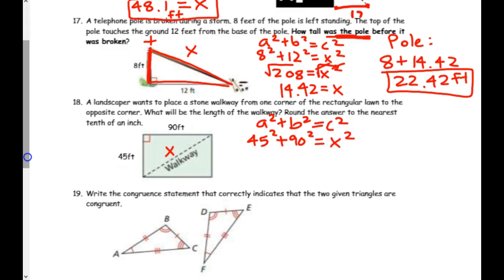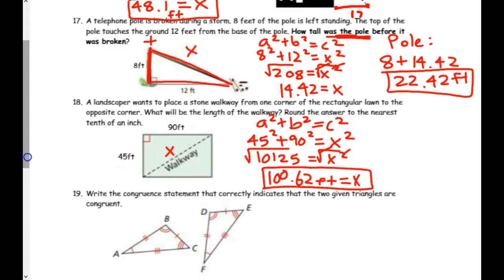I go to my calculator, 45 squared plus 90 squared is 10125, and I need to find the square root of both sides. Square root of 10125, and I get 100.62 feet is my final answer.